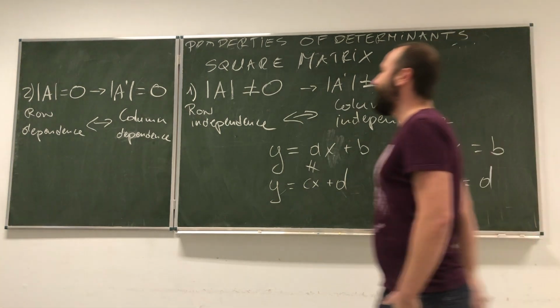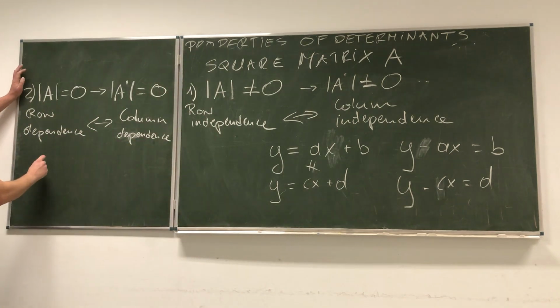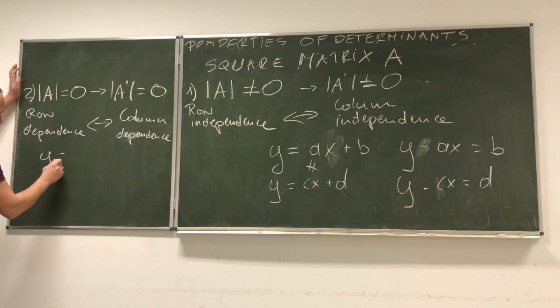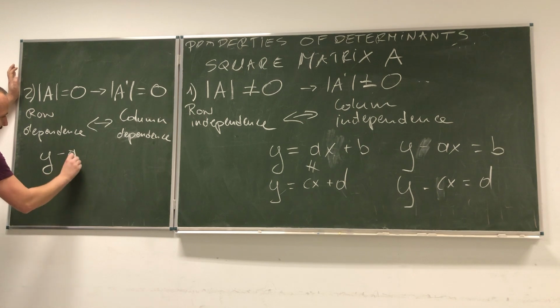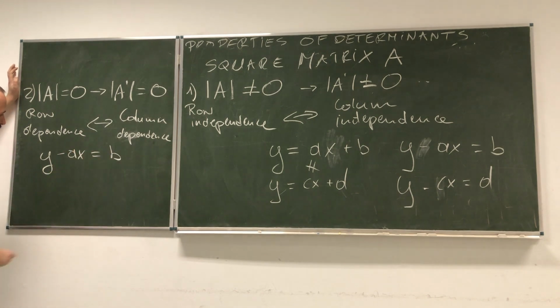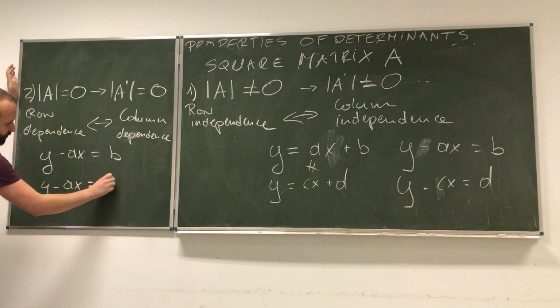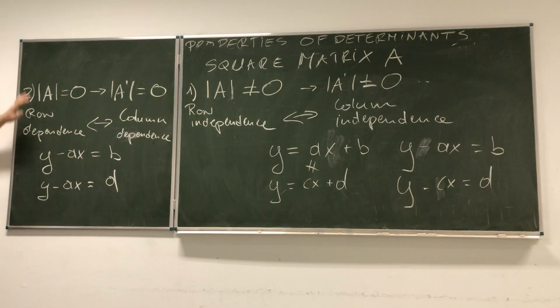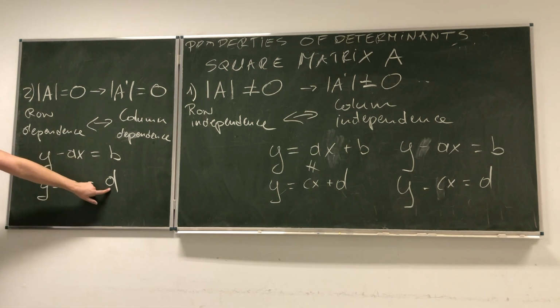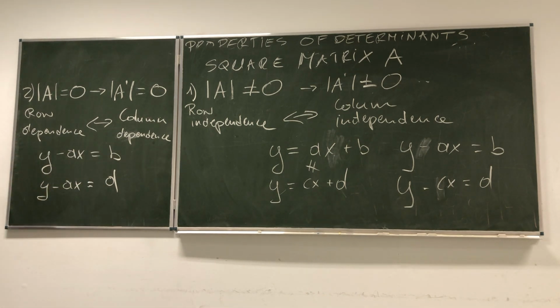But in the case where we have y minus ax equals some b, y minus ax equals some d, we will get either no solutions, or in the special case where d and b are equal to each other, we will have an infinite number of solutions, right?